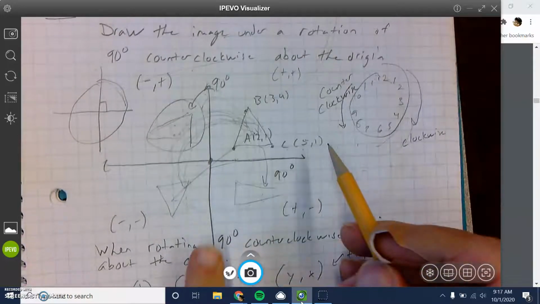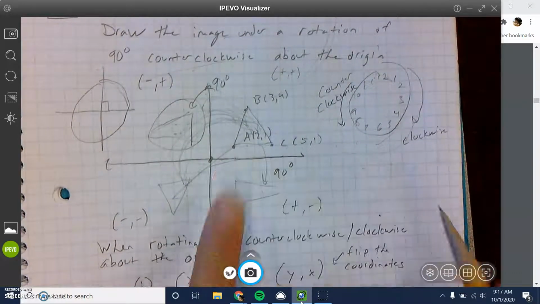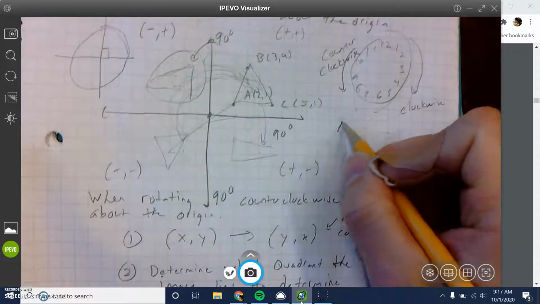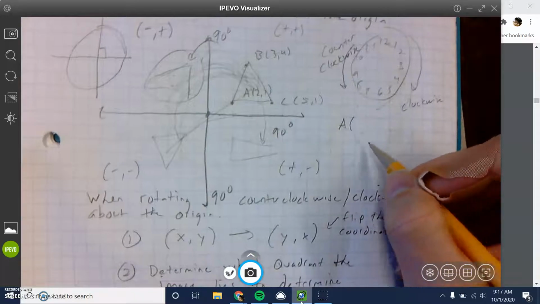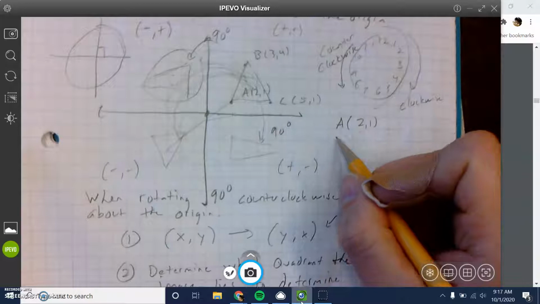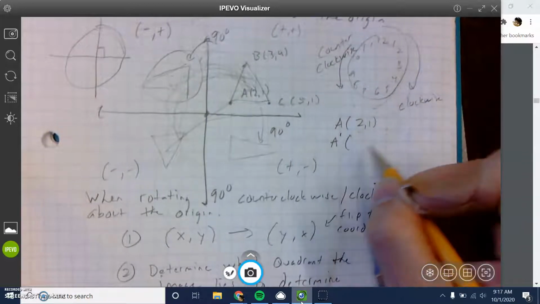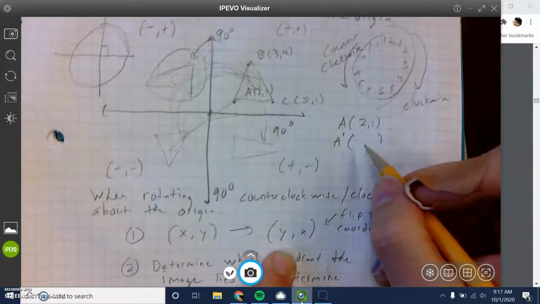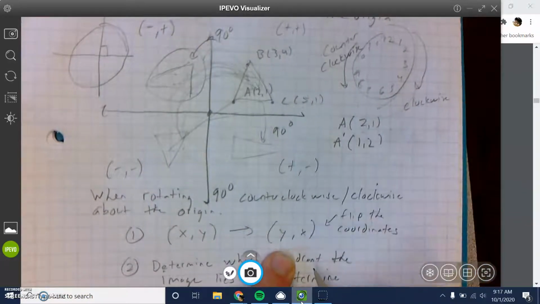So, here we go. Finally, let's do A prime. A is 2, 1, right? So for A prime, first step, flip the coordinates. So 1, 2.